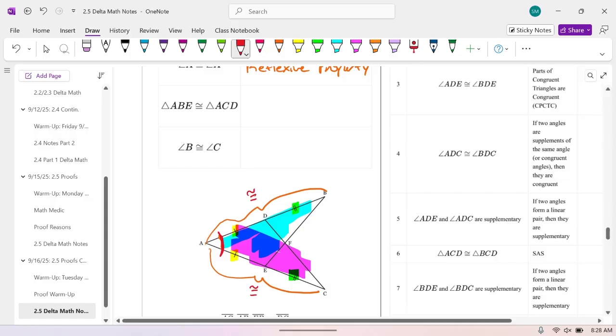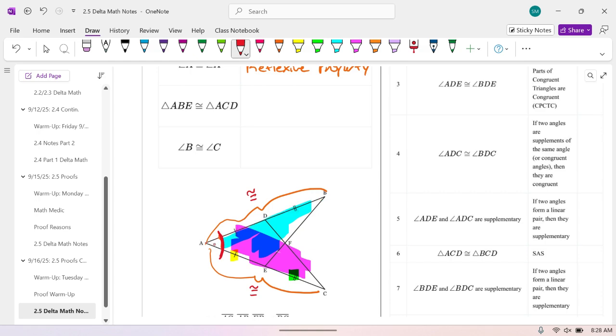So we have a congruent angle here. So it's not angle side angle. It's not side side side. Side angle side. Good.